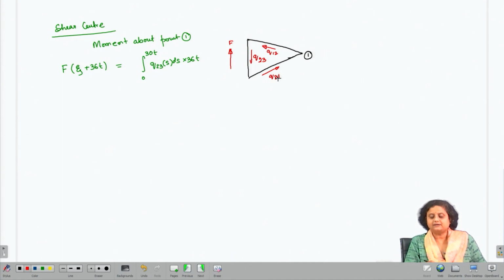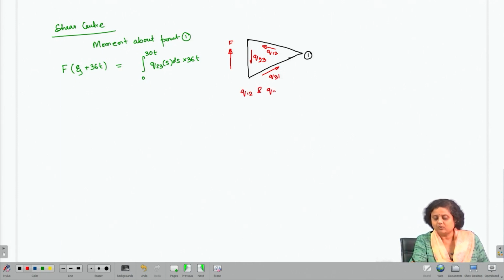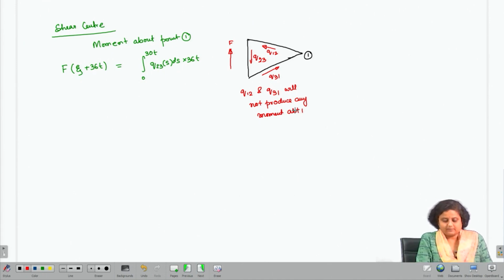Q 1 2 and Q 3 1 pass through point 1, and therefore will not produce any moment about 1.